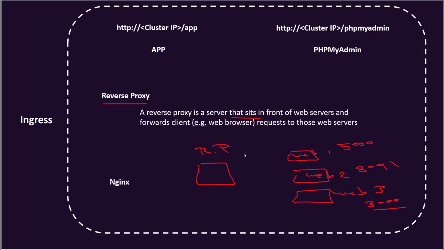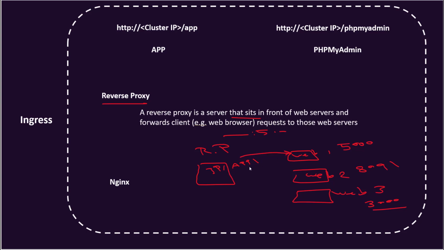By running a reverse proxy, instead of typing an IP and port number to access the servers, we just type the IP address of the reverse proxy and, for example, /app1, and it goes to this one.